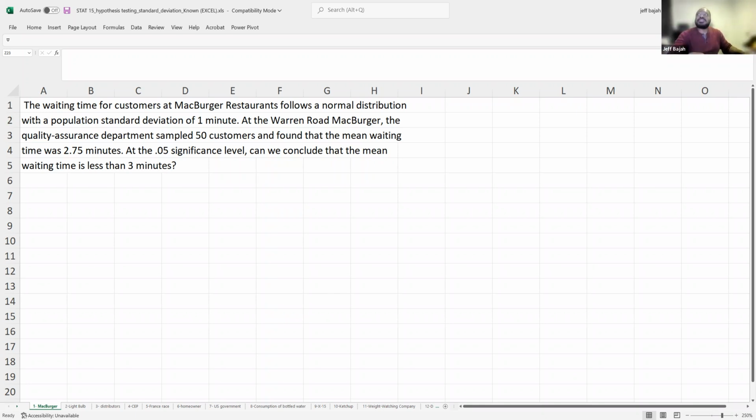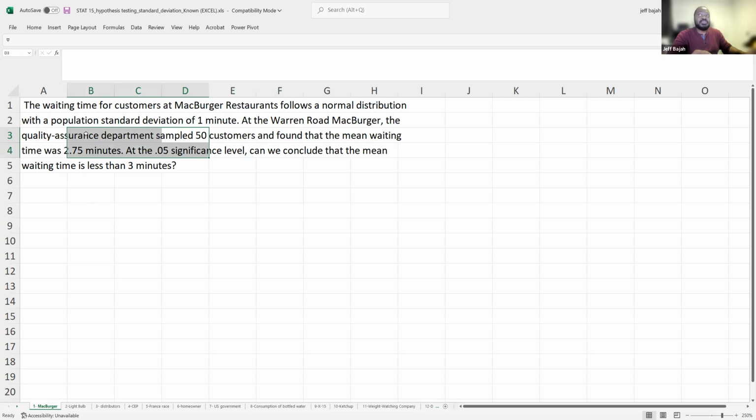And with a standard deviation of a minute, at a particular location, Warren Road McBurger, the quality assurance department sampled 50 customers. So they spoke to 50 customers and they found that the waiting time was 2.75 minutes. So they found that 50 customers said that the waiting time for them was 2.75 minutes.